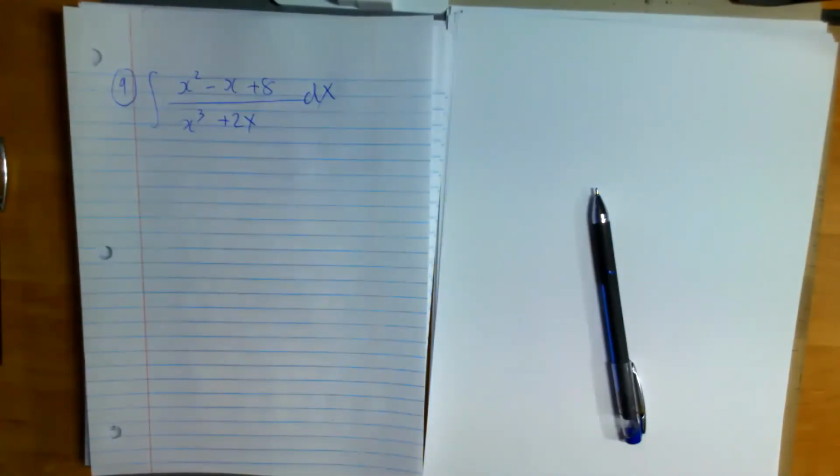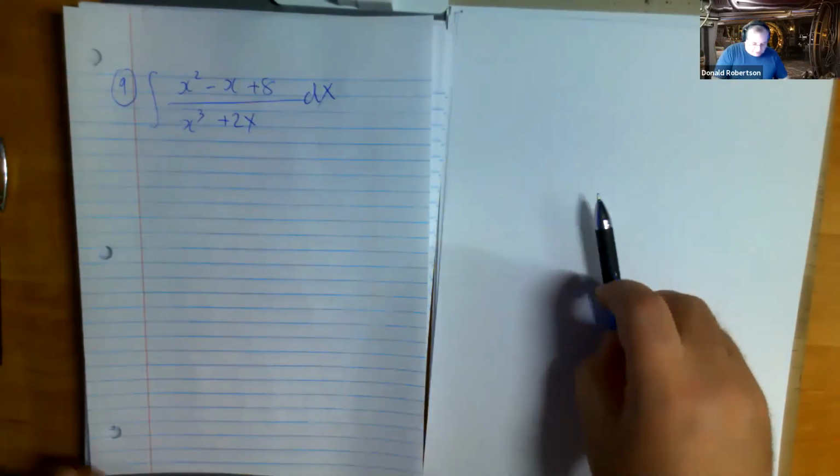What was the original? The integral of x squared minus x plus 8 over x cubed plus 2x. Okay, I'll switch over and we'll go through that. Do you mind if I use this as part of the video so other people who come in can see it? Oh, that's fine. Sure. Good.